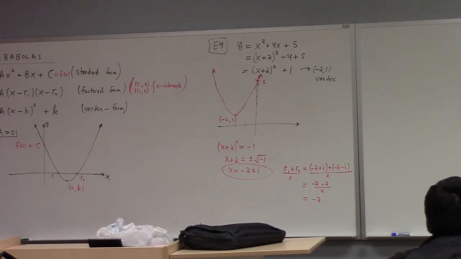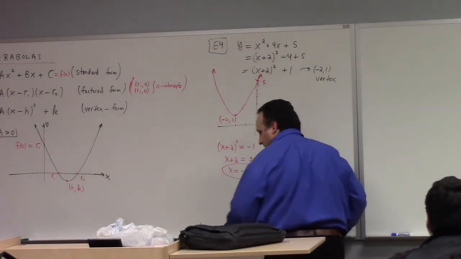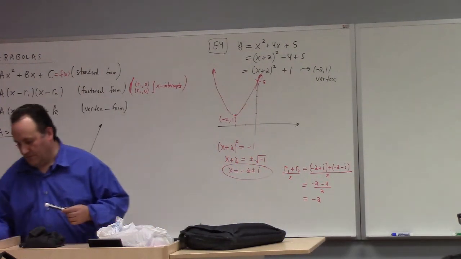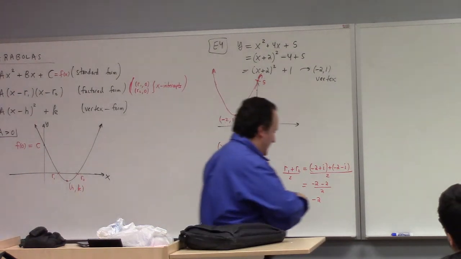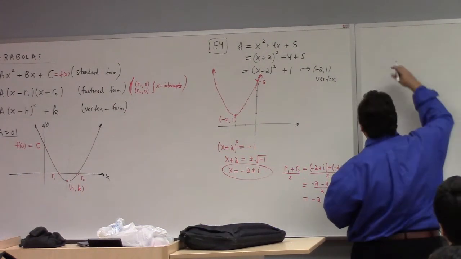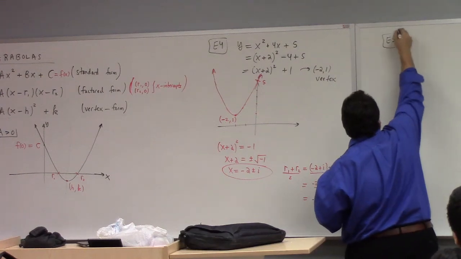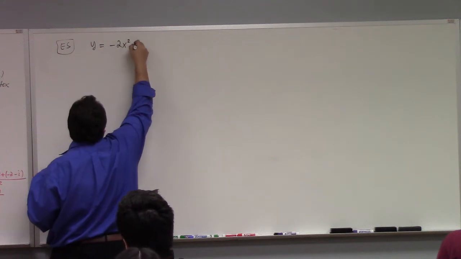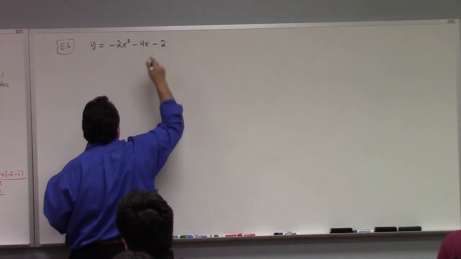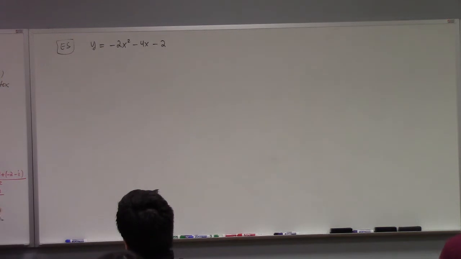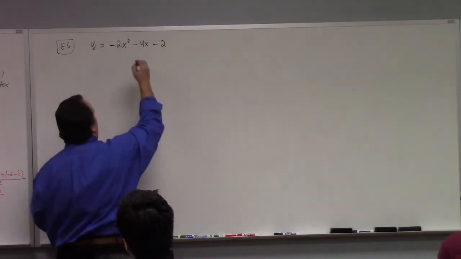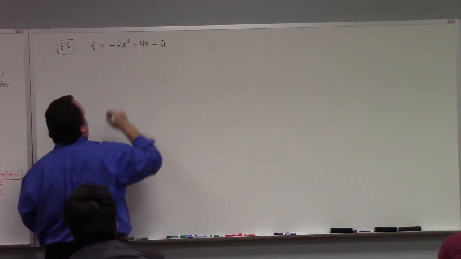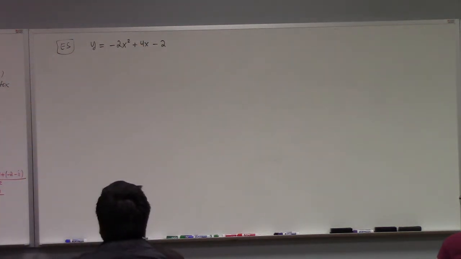All right, let's see here. Yes, here's an example we should chew on for a second before I forget. Example 5. What if you come up against y equals minus 2x squared minus 4x minus 2? What are we going to do with this guy? Maybe make that a plus, just to get a little more experience with factoring.